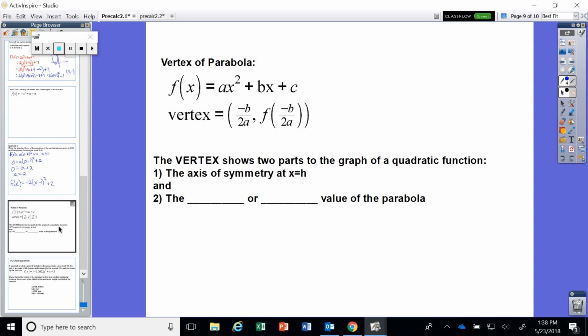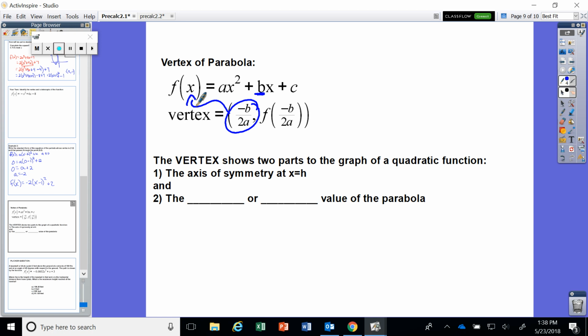In a parabola in which we have our specific ax squared plus bx plus c, it is always and forever going to be true that the x-coordinate of that vertex is negative b over 2a. The opposite of b divided by 2 times that leading coefficient. The y value then, of course, can be found by substituting that x-coordinate into our f(x). And that's where we get f(negative b over 2a).